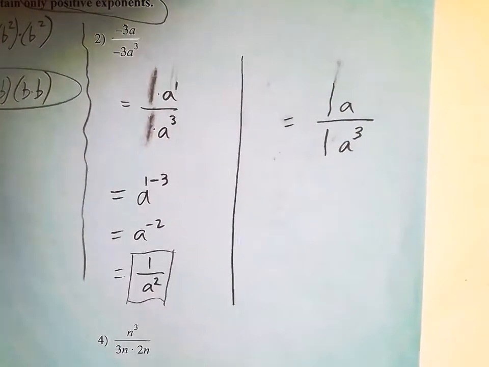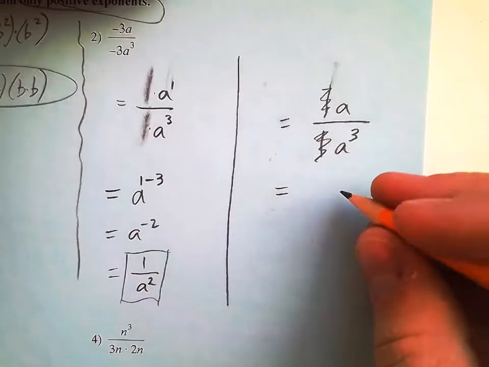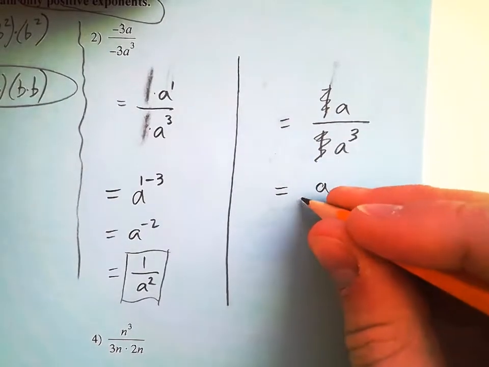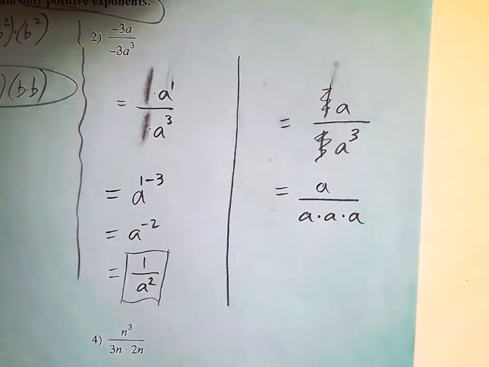Okay, the other way to think about it is just writing it all out the long way. And again, we don't really need those 1's in the front, because 1 times a is just a. 1 times a cubed is just a cubed. Okay, but that is really a over a cubed, written out the long way, is a times a times a.